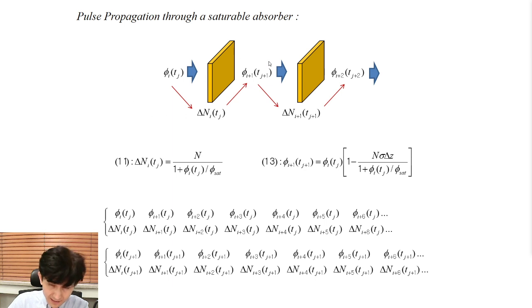So we can cascade this to simulate a thick absorption medium. You need numerical calculation to compute each variation of photon flux and the number of excited state atoms versus ground state atoms, and we cascade this to solve the interaction of photons with a certain volume of a medium.